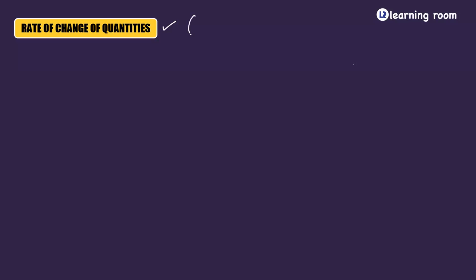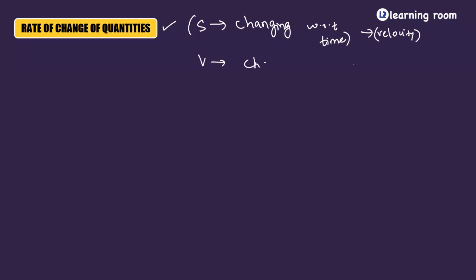If there is displacement which is changing with respect to time, you call it velocity. Similarly, if there is velocity which is changing with respect to time, you call it acceleration. Now the question is, how are these quantities written?